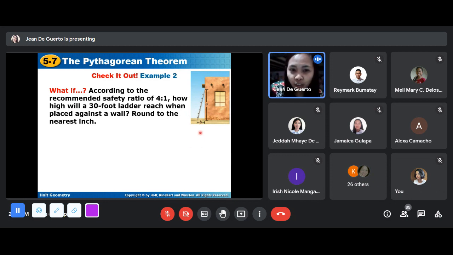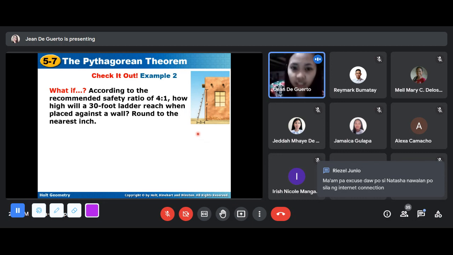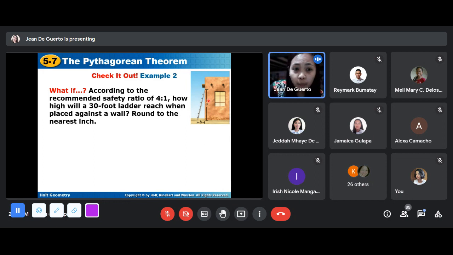So from the foot of the ladder to the base of the wall, yun yung shorter leg natin, pero ang ginamit dito B. Okay? So B. Yung top ng ladder, yung end ng ladder, tapos yung height ng kung gaano kataas yung naabot ng ladder doon sa building, yun yung A. Yun yung isang leg ng right triangle.